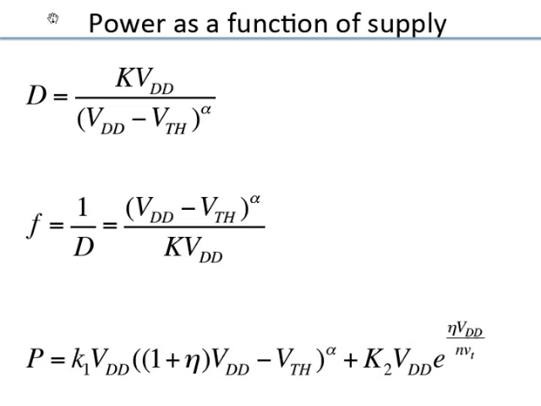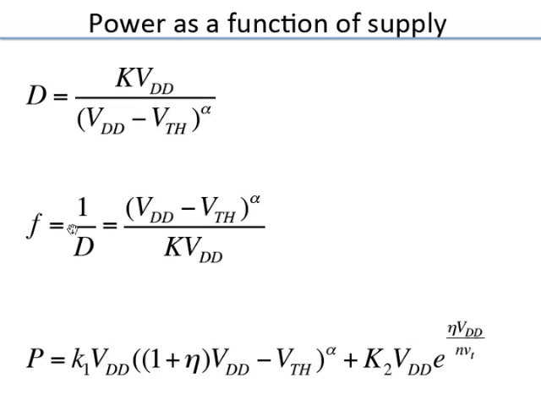That is why we say the delay has this functional form, VDD by VDD minus VTH to the alpha, with some proportionality constant K. K is determined by the actual logic circuit, the capacitances you use, etc. But as far as the functional form goes, this is a good approximation for the delay of the chip.